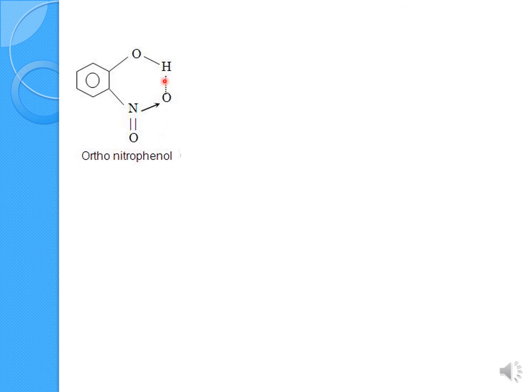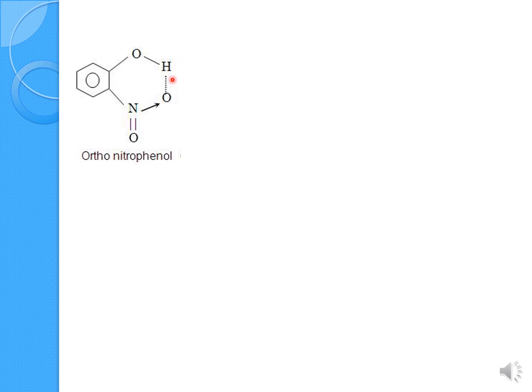So this dotted line represents a hydrogen bond. In this case the hydrogen bond is formed between a hydrogen atom and the oxygen atom of the same molecule. That is why it is called intramolecular hydrogen bonding.